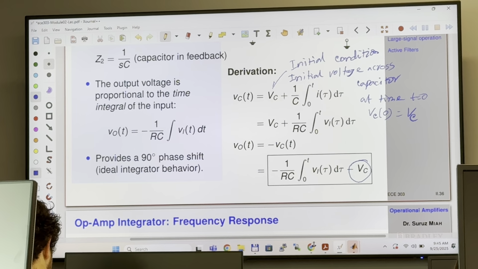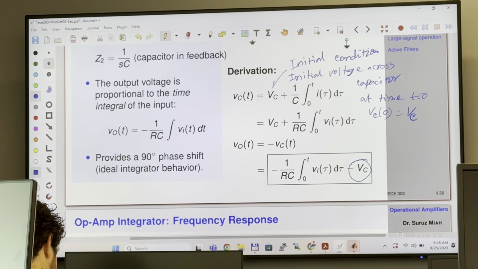What we wanted to see is the voltage across the capacitor at time 0, which is VC(t). So you don't know whether the capacitor is discharged completely, and we do not know what the initial condition is.